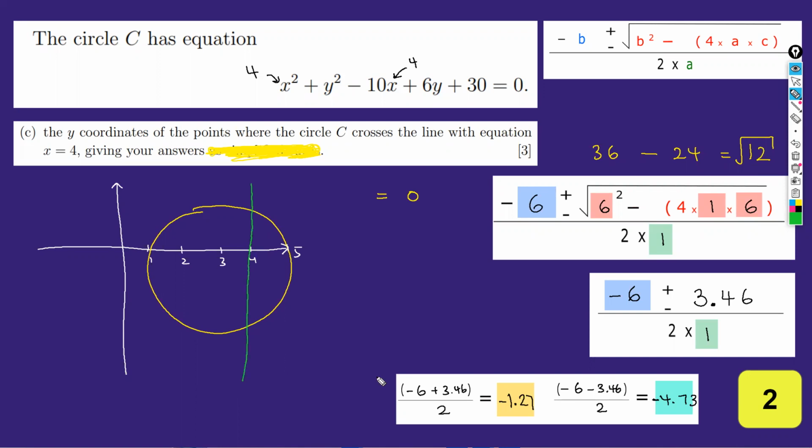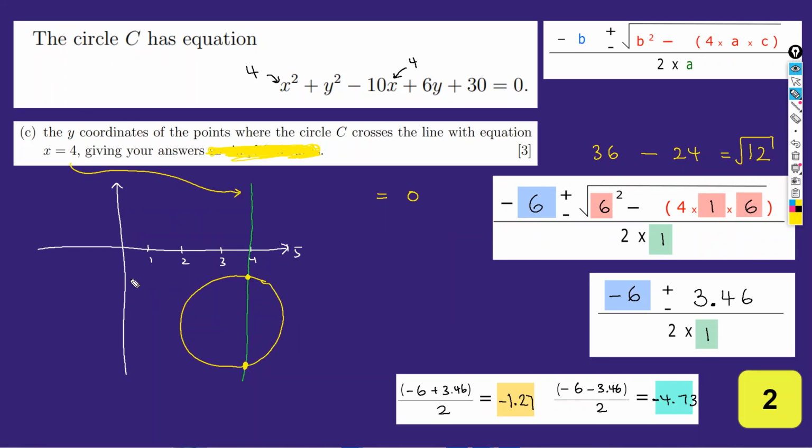I think I drew it a little bit wrong here. The y coordinates where it cuts are supposed to be minus 1.27 and minus 7.43. So let me just draw this again. In real life, it might actually look something like this. You have a circle, and this green line is the line x equal to 4, and it's cutting the circle.